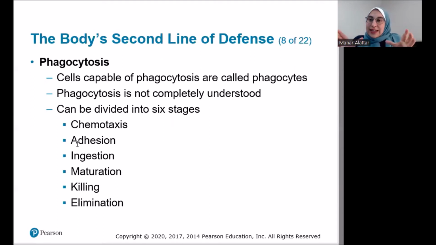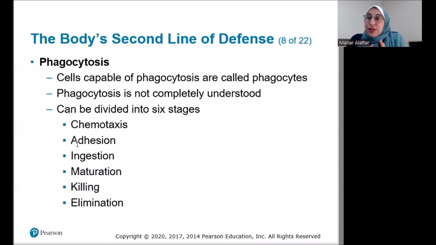Adhesion, where it connects via receptors to whatever the molecule is, either the microbial pathogen, or in the case of the amoeba, it's lunch. And then via that adhesion, it engulfs the particle, and it creates a vesicle around that particle.